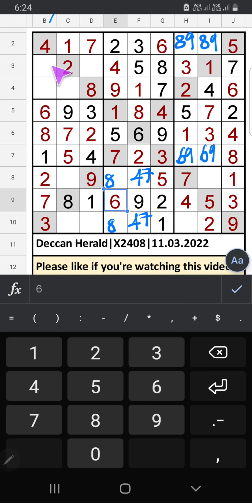Column B, two numbers are remaining, 5 and 9. Fourth row we have 9, so 9 can't come in the cell, 9 is confirmed here, then 5 is here. In third row, only one number is remaining, 6 is confirmed here.